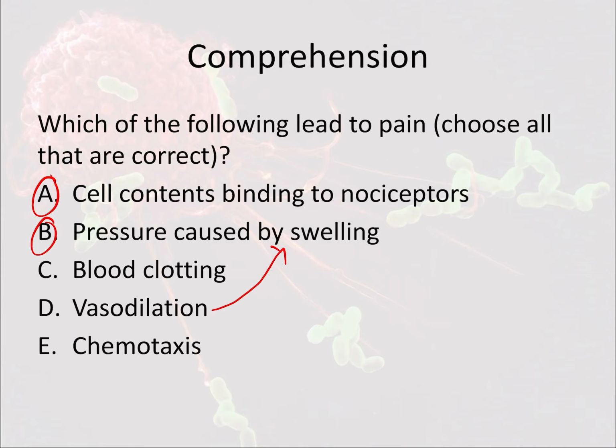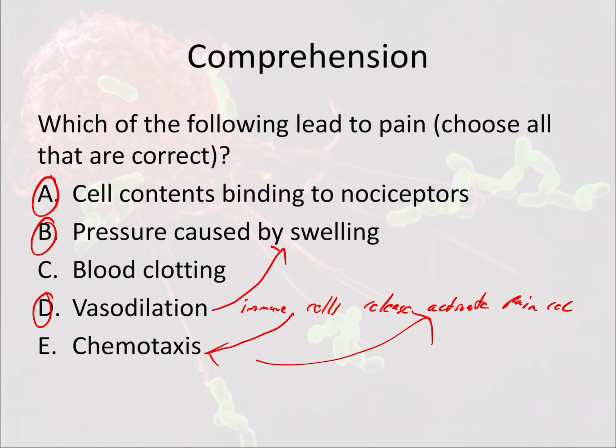It also led to immune cells coming, and those immune cells release things that activate pain receptors. And chemotaxis, that's all those immune cells coming. They release things that activate the pain receptors, so those for sure. So all of those are related to pain, probably not blood clotting, but the rest.